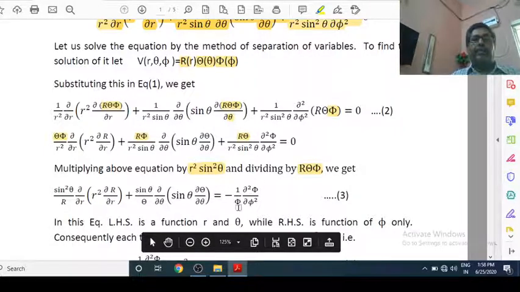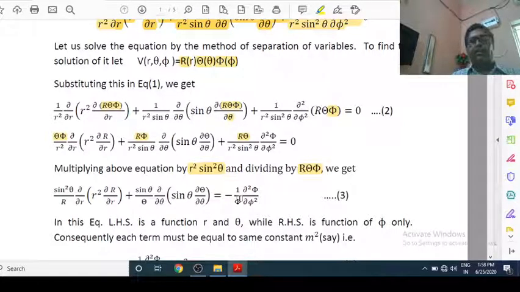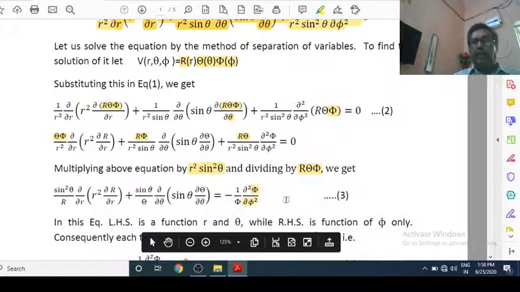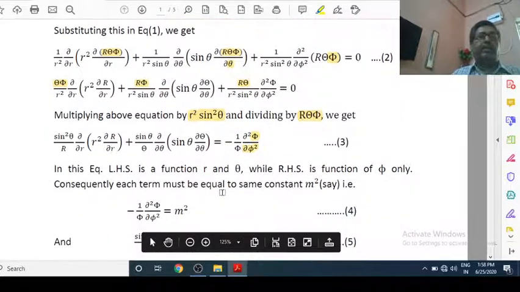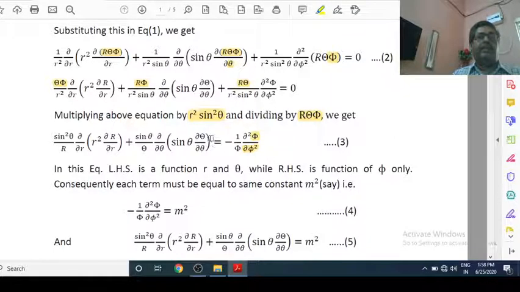Here is 1 by Phi, d squared Phi by d phi squared. Is r here? No. Is theta here? No. It contains only phi. And that is why we can write that the left hand side depends upon the functions of r and theta, while the right hand side is a function of phi only.